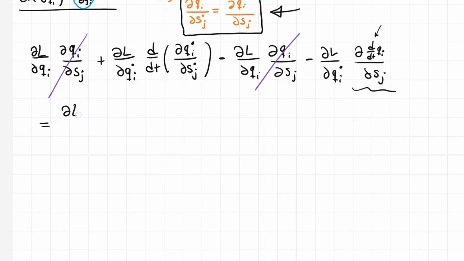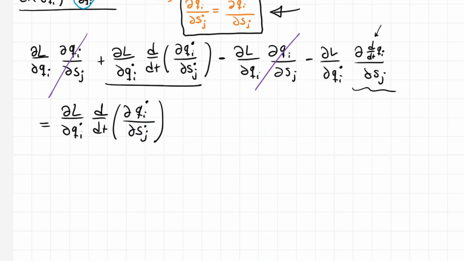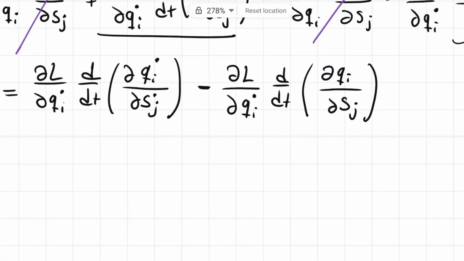It will be the derivative of the Lagrangian with respect to qi dot, the derivative with respect to time of the derivative of qi dot with respect to sj dot for this element, and then minus the derivative of the Lagrangian with respect to qi dot times the derivative with respect to time of the derivative of qi with respect to sj. Okay, perfect.